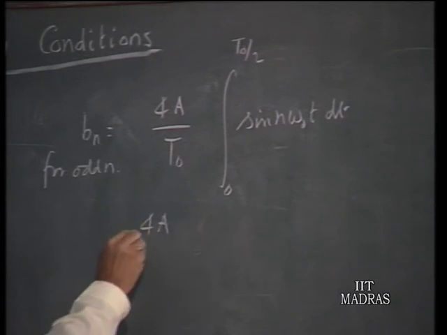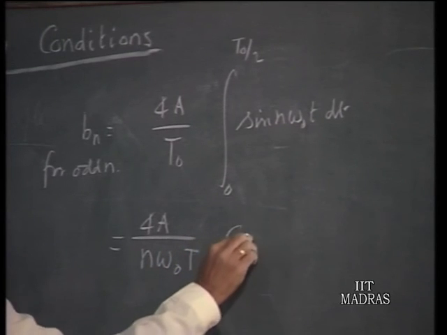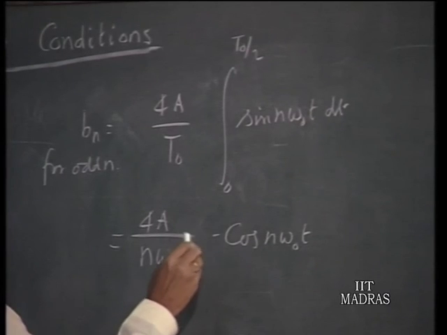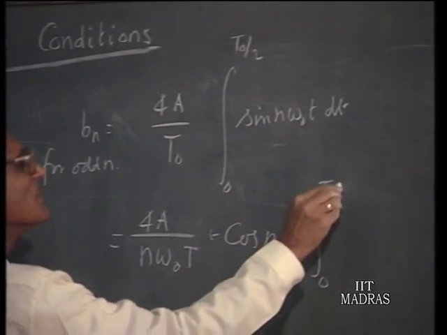So, 4a by n omega naught times minus cos n omega naught t, from 0 to T naught upon 2.